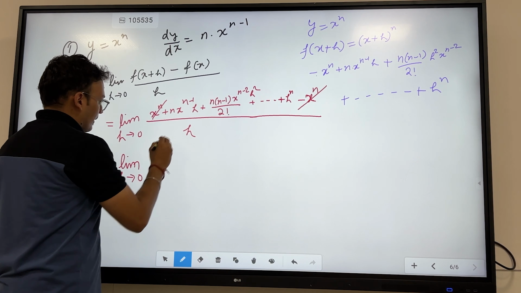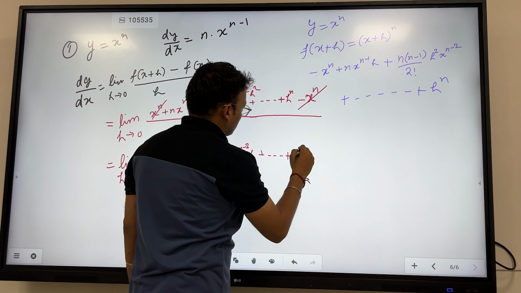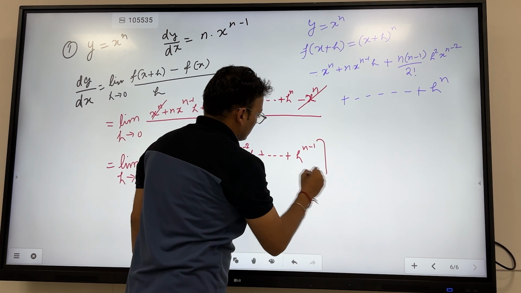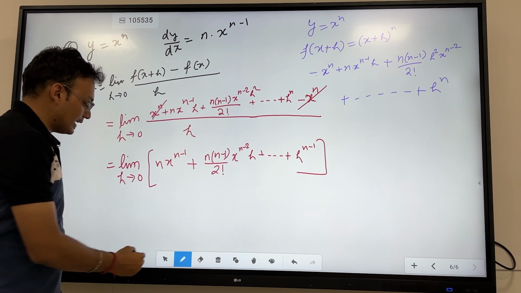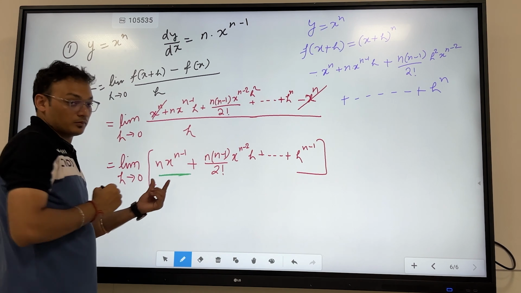Divide everything by h as well. So this will become n times x raised to the power n minus 1 plus n minus 1 divided by 2 factorial x raised to the power n minus 2 h plus, and this will become x raised to the power n minus 1. Now you can see that the first term is free from h, right?